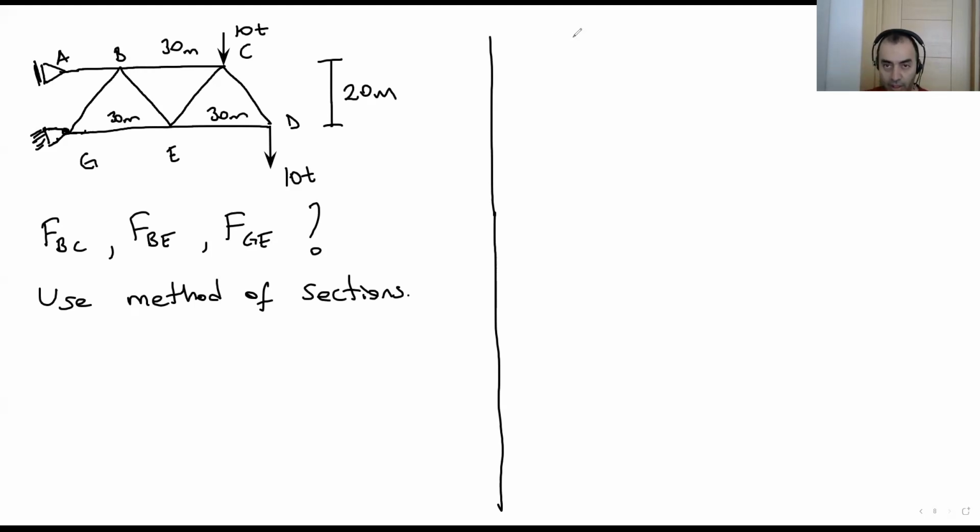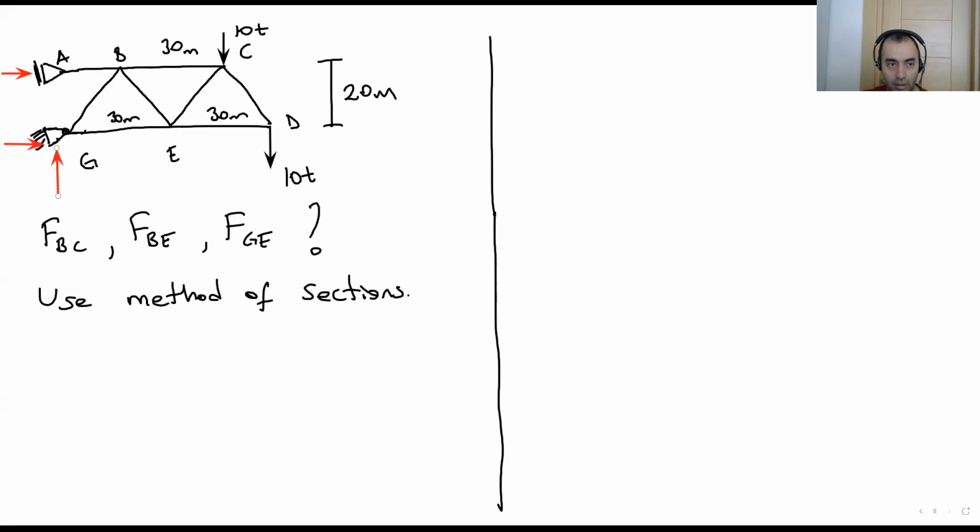To do that, let's write the reactions here. Here we have one reaction, and here we have one more reaction. Here we have one more reaction.